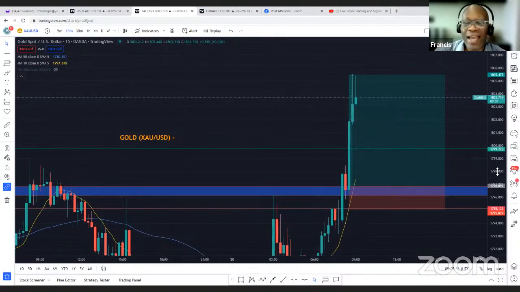Let me just give you an idea of how much you could have made from that. In Forex, we measure the move by pips.